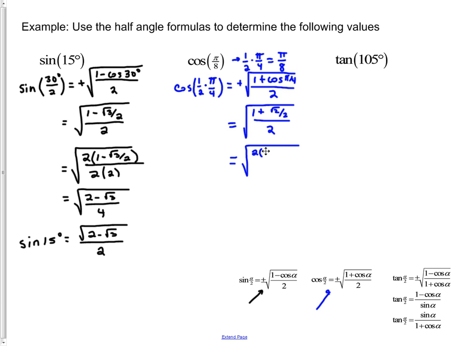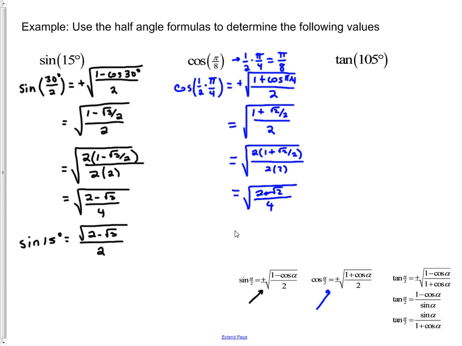So I'm going to take 2 times 1 plus the square root of 2 over 2. And that will be divided by 2 times 2. Well, what we're going to get right here is the square root of 2 plus the square root of 2, the 2 in this denominator cancels, divided by 4.